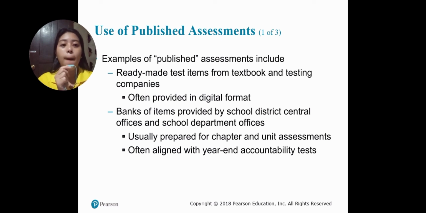Published assessments are tests that have been published by test publishers. There are also banks of items provided by school district central offices and school department offices, usually prepared for chapter and unit assessments and often aligned with year-end accountability tests.